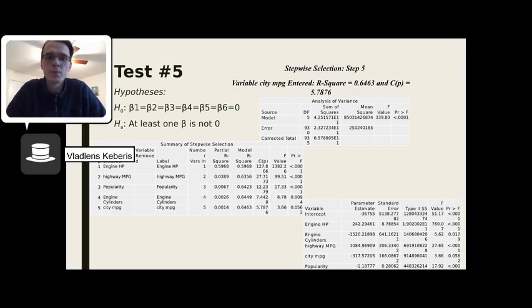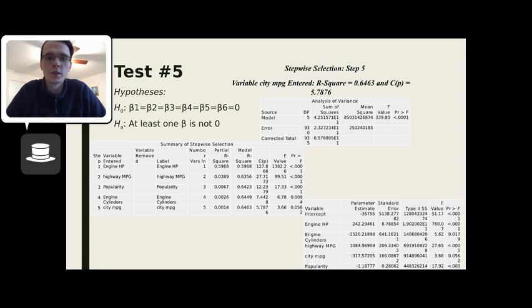The purpose of Test 5 is to create a model that will be best suited to predict the MSRP for the car using different types of variables. In addition, we will test if at least one beta is not equal to 0 using the stepwise method. We used variables MSRP, engine horsepower, engine cylinders, number of doors, highway miles per gallon, city miles per gallon, and popularity for this test.